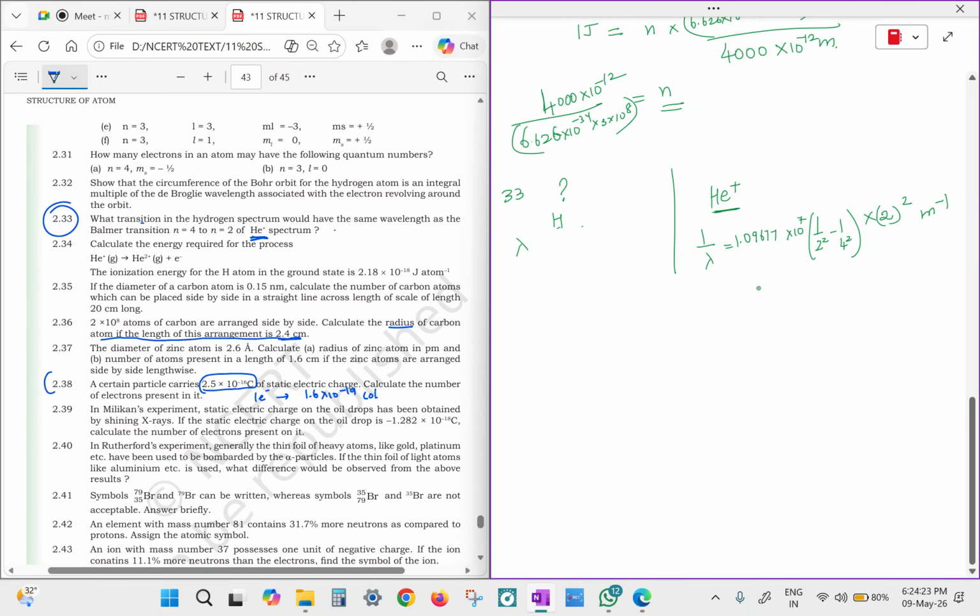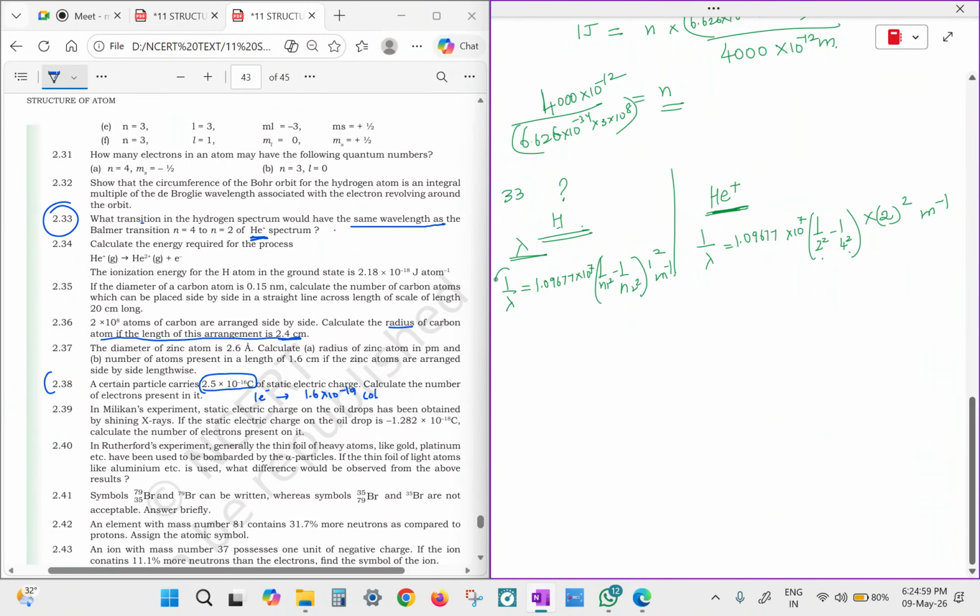Now, what transition in the hydrogen spectrum would have the same wavelength? So here also we write the expression 1 by lambda is equal to 1.09677 into 10 to the power 7, 1 by n1 square minus 1 by n2 square times 1 square, meter inverse. They are saying there is some transition in hydrogen whose wavelength is the same as the transition in helium from 4 to 2.